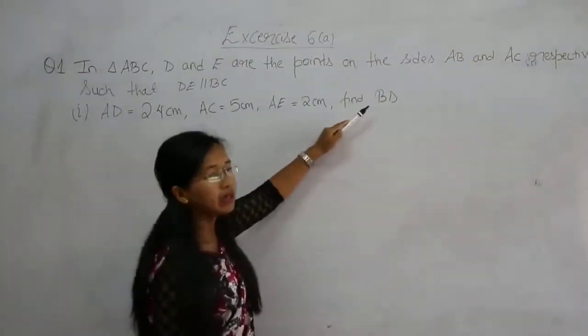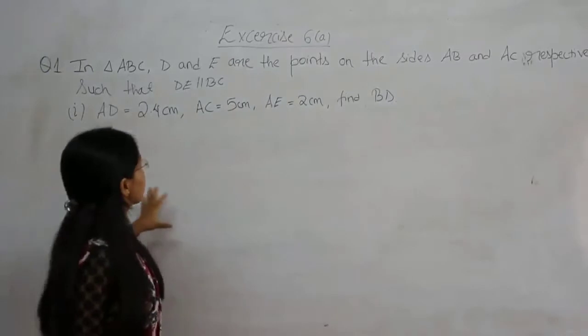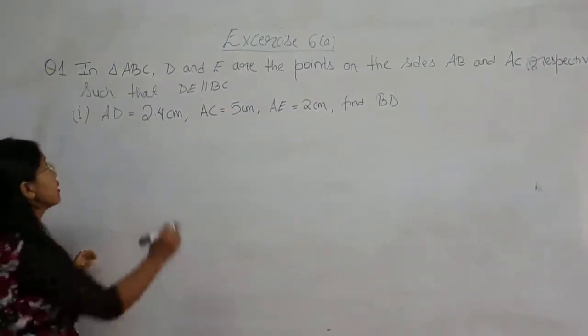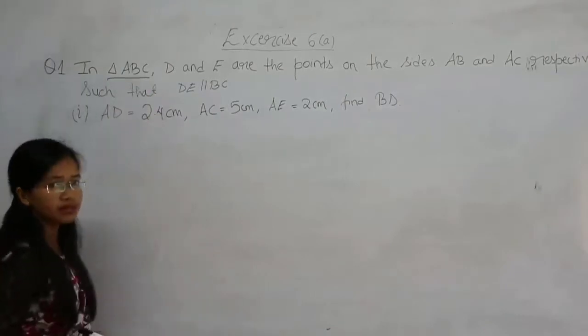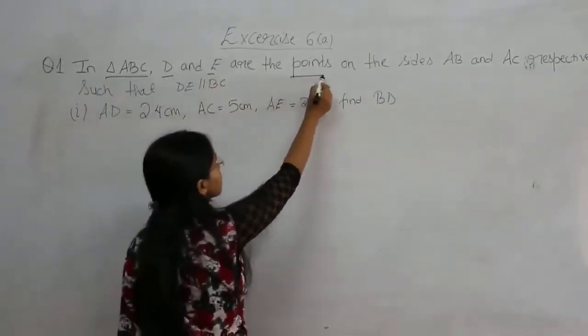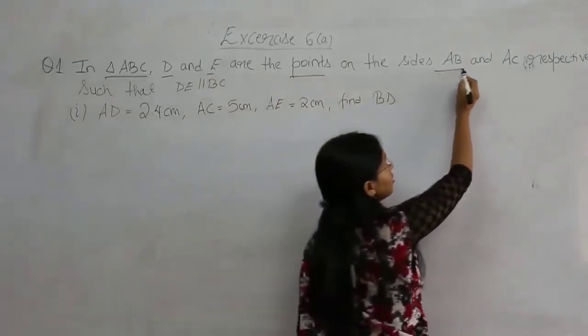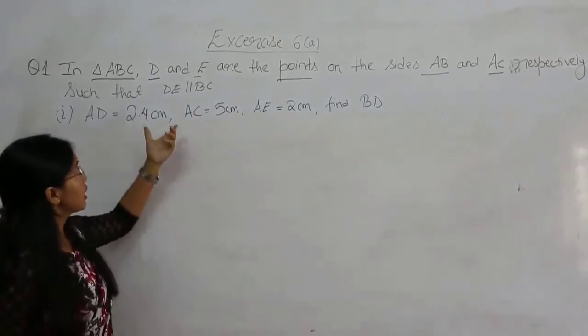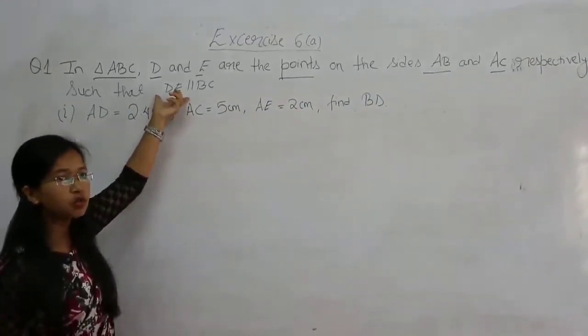Then we have to find BD. So this is the question that we have to solve. Clearly we are given triangle ABC such that D and E are points on the sides AB and AC respectively, in such a way that DE is parallel to BC.